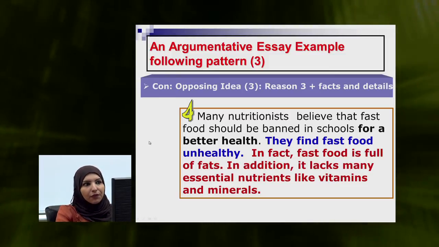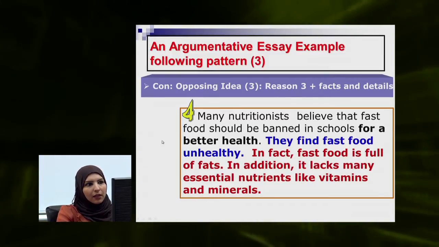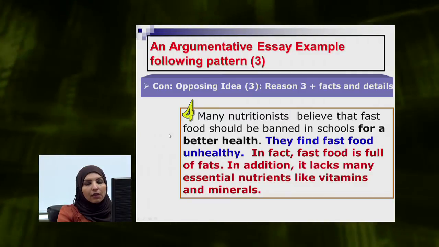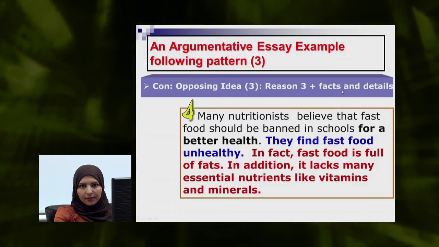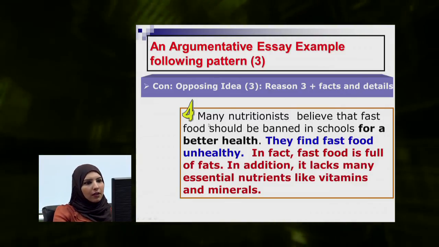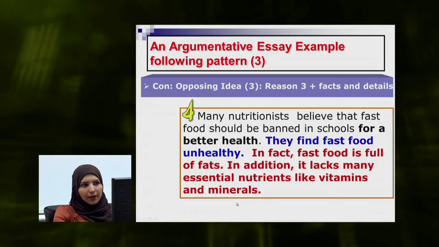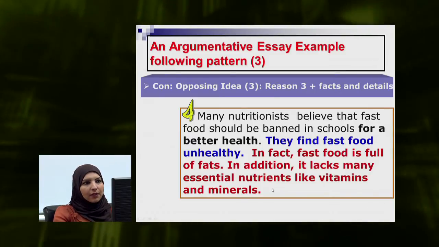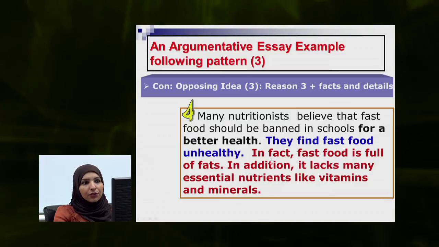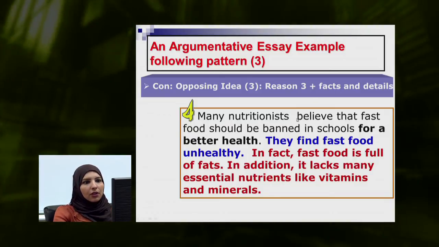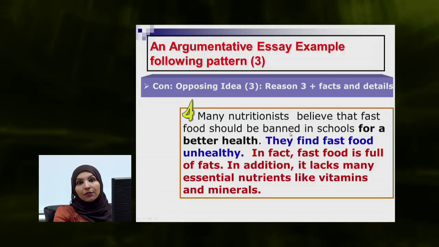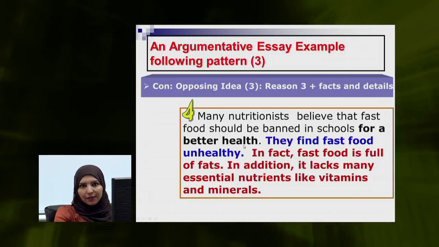Let's analyze the fourth paragraph. We said that it should contain the third opposing idea, including the third reason, facts and details. Once we look at the fourth paragraph, we'll find out that the opposing idea here is that nutritionists find out that fast food should be banned in schools for a better health.